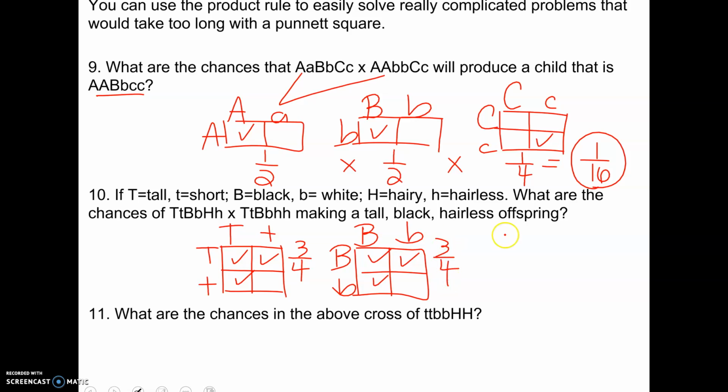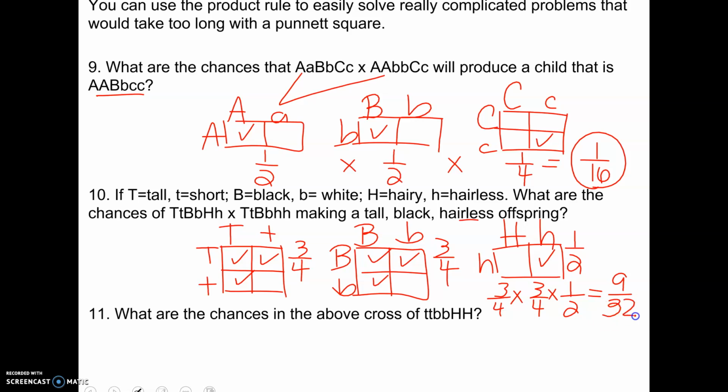And finally, we cross our H's. The chance of hairless is 1/2. So 3/4 times 3/4 times 1/2 gives us 9/32. Notice how fast we can solve that rather than trying to make a Punnett square.